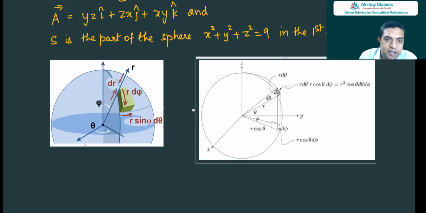So the element here in this direction, if we go, you get r d phi, because from here to here we are taking an element. You see here a volume element. Along the r direction, this will be dr. This arrow is r d phi, and this arrow, which is this length, is r sine phi.